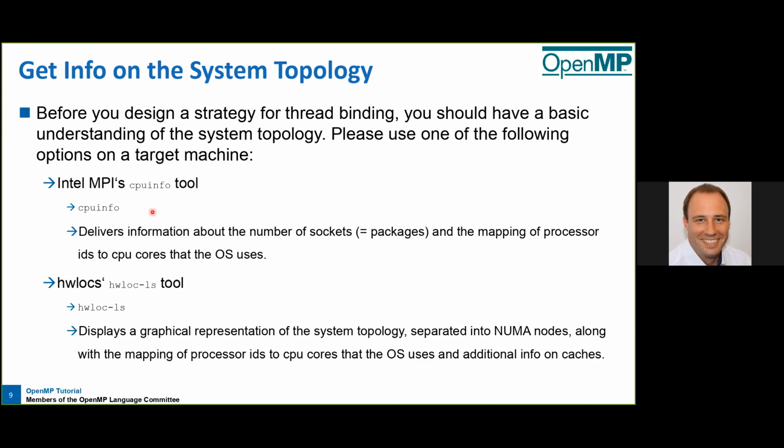If you use OpenMPI, you will see that hwloc, a library developed at INRIA in Bordeaux, is part of that, and there it provides a couple of tools like lstopo, for example, that sometimes even gives you a graphical representation of the system topology.